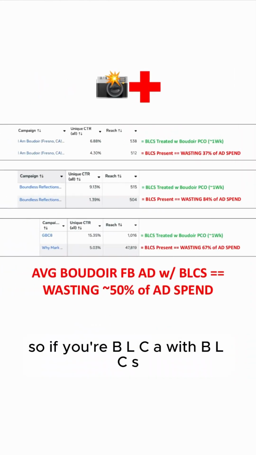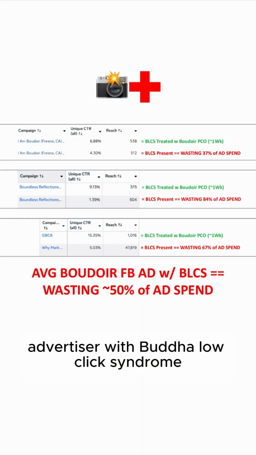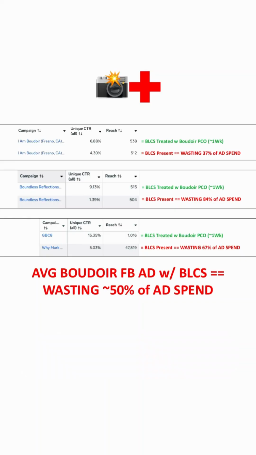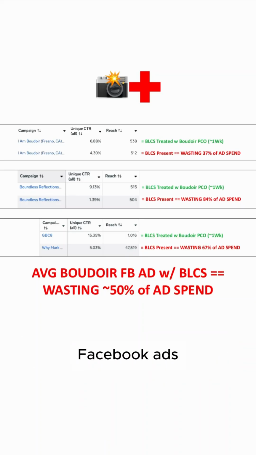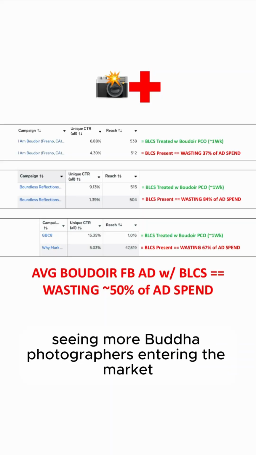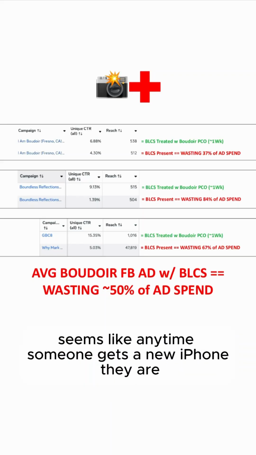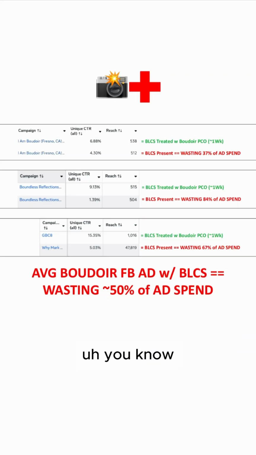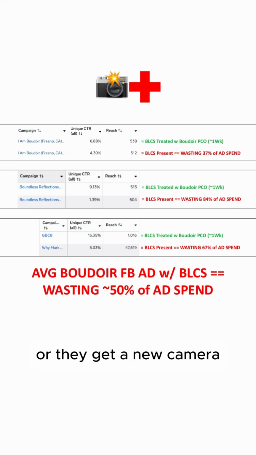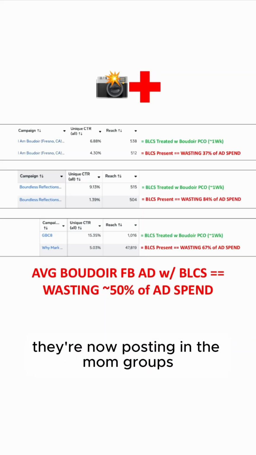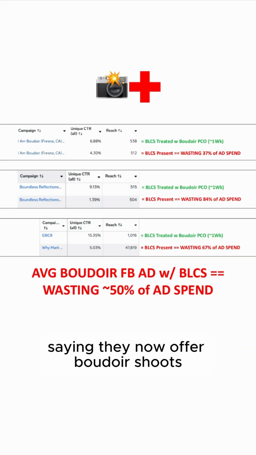So if you're a BLCA with BLCS, a Boudoir low click advertiser with Boudoir low click syndrome, and you're spending more than 10 grand a month on Boudoir Facebook ads, and you're looking at the marketplace, seeing more Boudoir photographers entering the market every single day. Seems like anytime someone gets a new iPhone, they are throwing up their Google My Business profile, saying they now offer boudoir shoots, or if they get a new camera, they're posting in the mom groups, saying they now offer boudoir shoots.